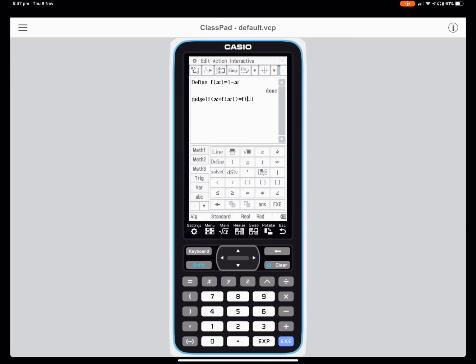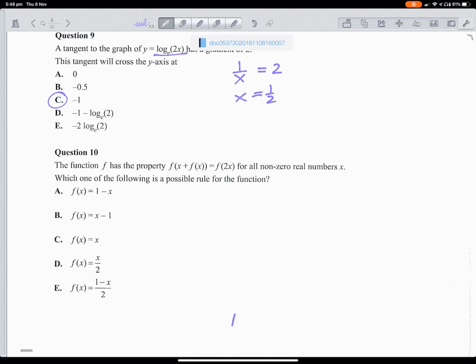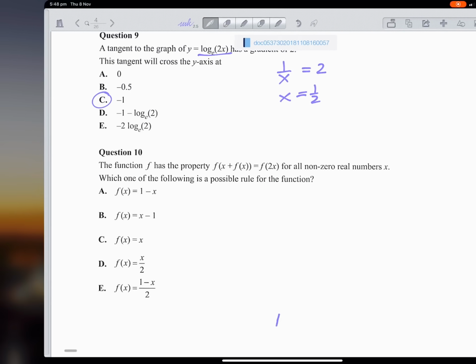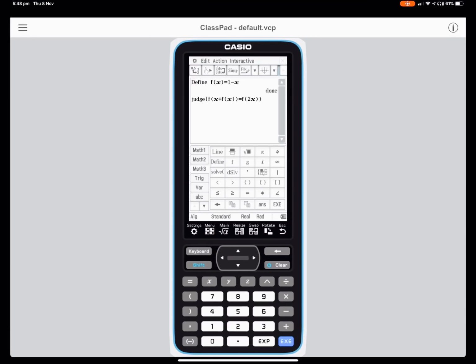I don't know if I can type this out right. All non-zero real numbers x. Okay, given x doesn't equal 0, enter.